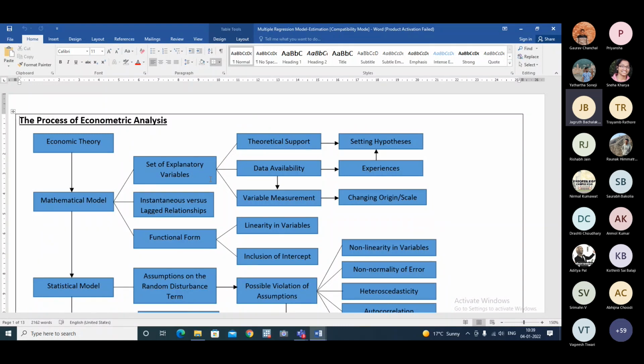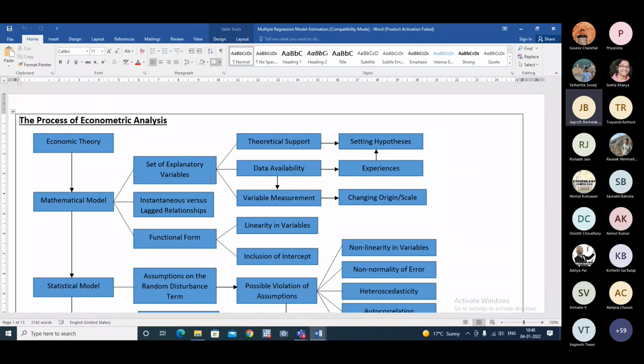That is one aspect. But the other very important aspect is inclusion of the intercept. An obvious question, I often ask this question: if the theories don't permit, if the data set doesn't support, do we still need to have an intercept in the model?